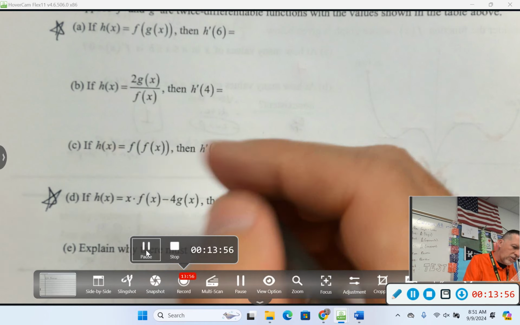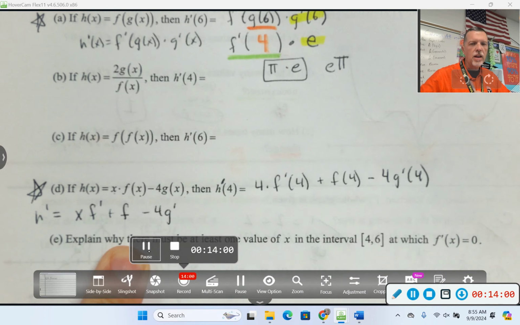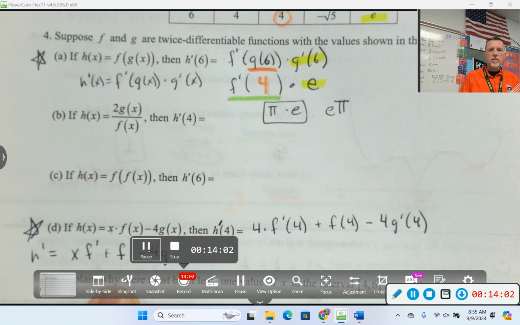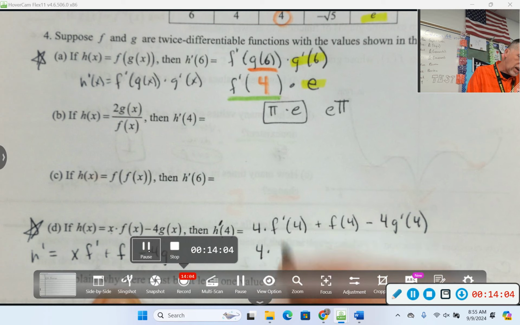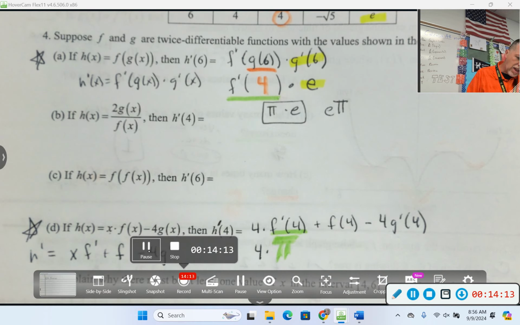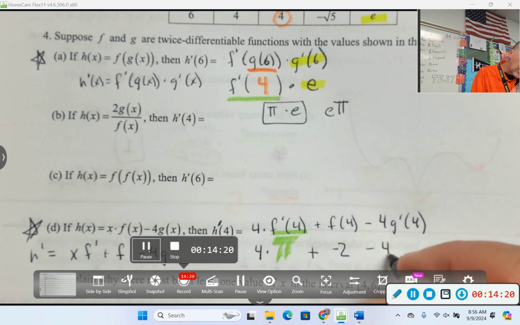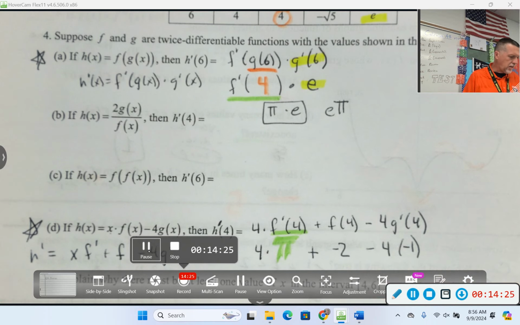So yeah, on letter D, H prime at 4. So let's see. F prime at 4. Found that one already. That was pi. F of 4 is negative 2. And G prime at 4 is negative 1. And that would be an okay safe stop, right?